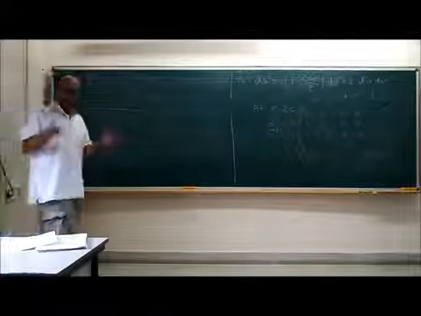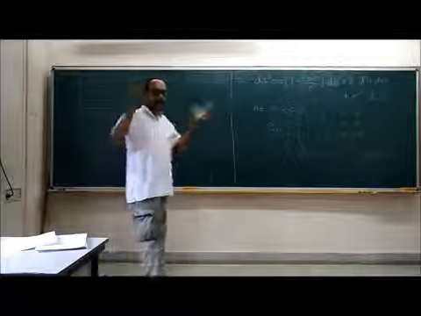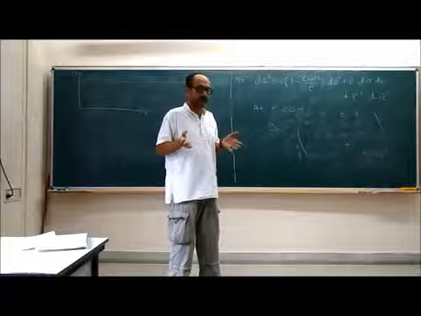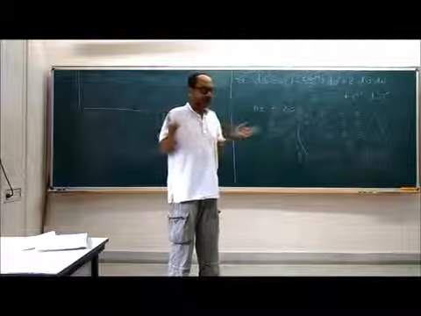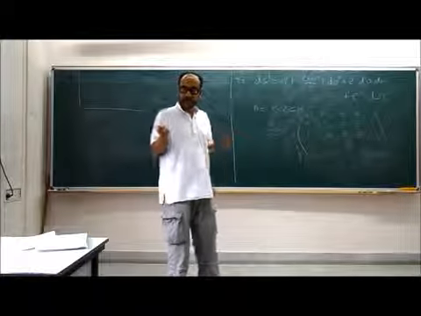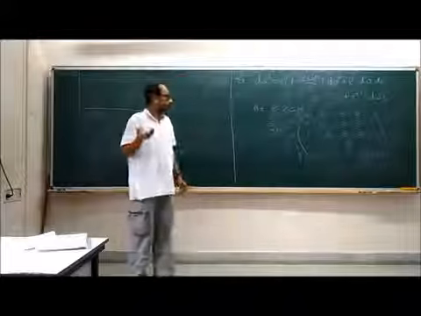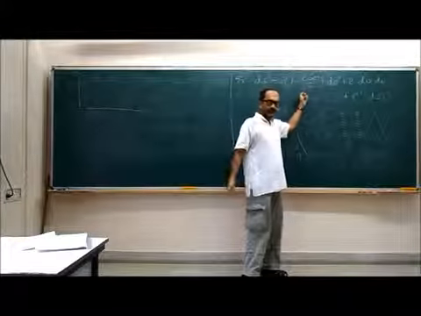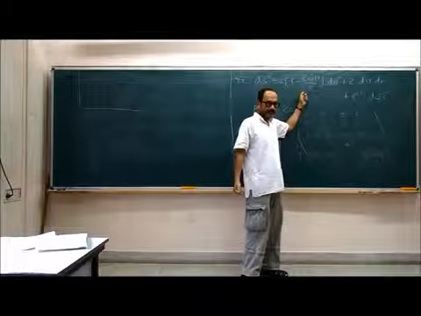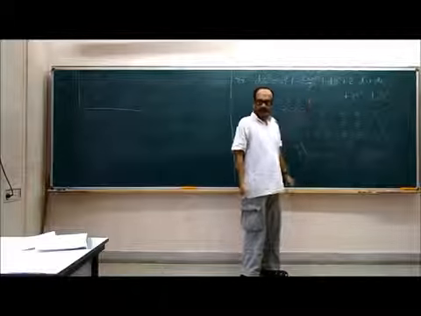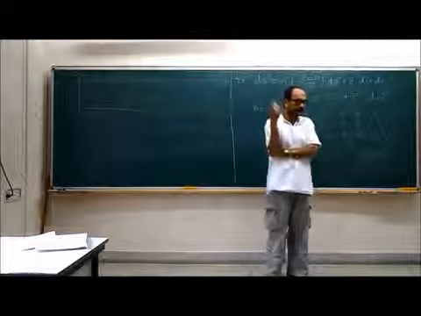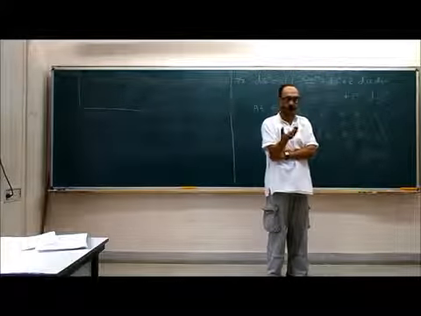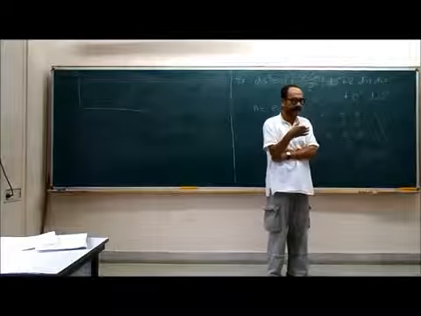Not necessarily geodesics, but any possible curve that a physical particle can travel in. In a spacetime diagram, not every curve is a possible particle trajectory. That follows from the requirement that ds squared cannot be positive for a physical particle. ds squared is minus d tau squared. For light, it can be 0. For massive particles, ds squared has to be negative because d tau squared has to be positive.